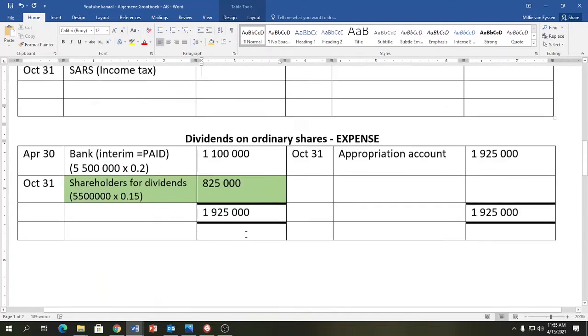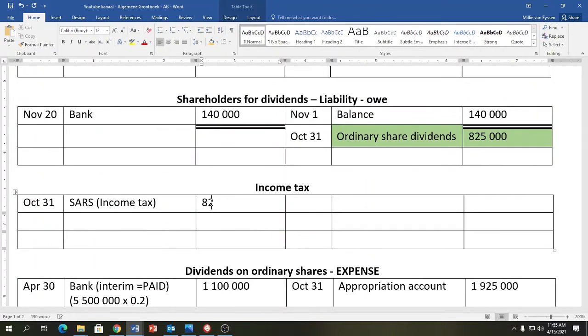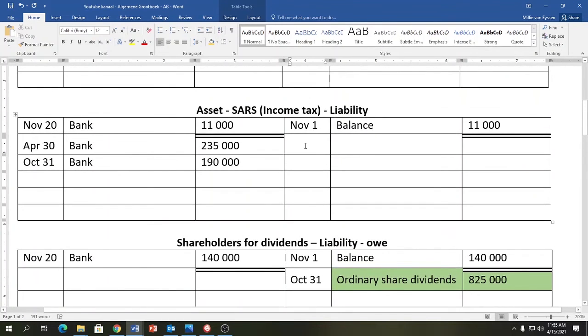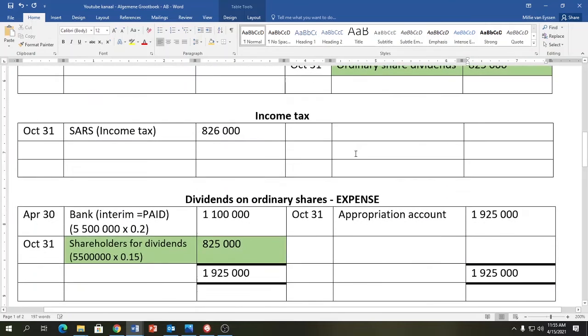Just get the amount again, 826. Which means I'm going to enter it in my SARS account, and then it will be closed off to the appropriation account.